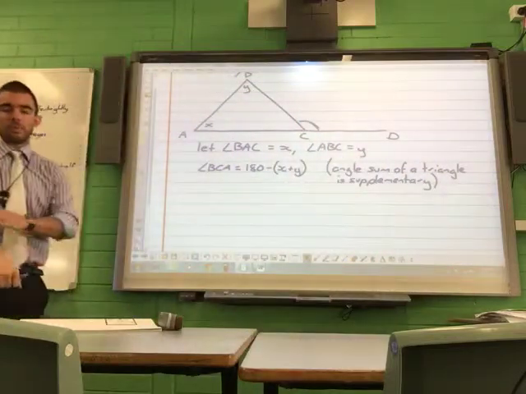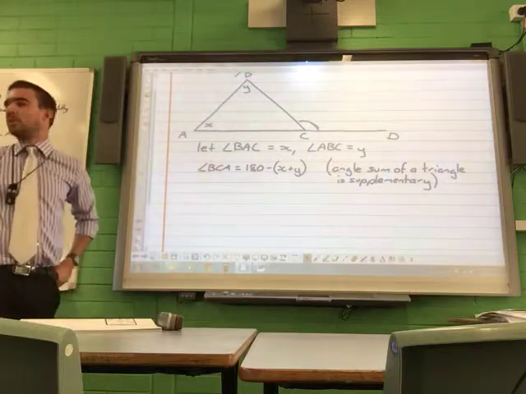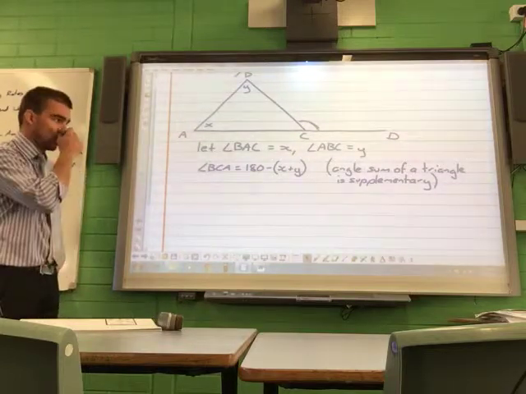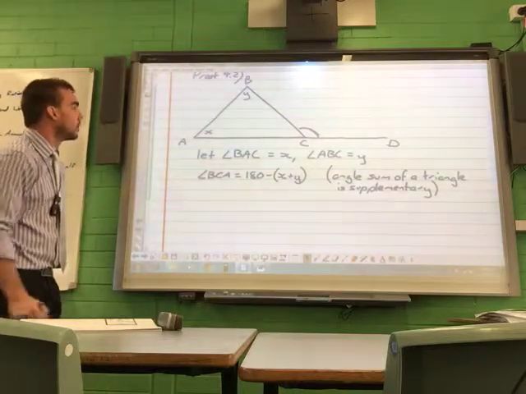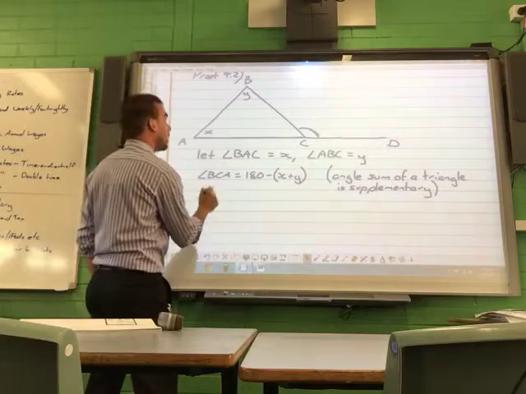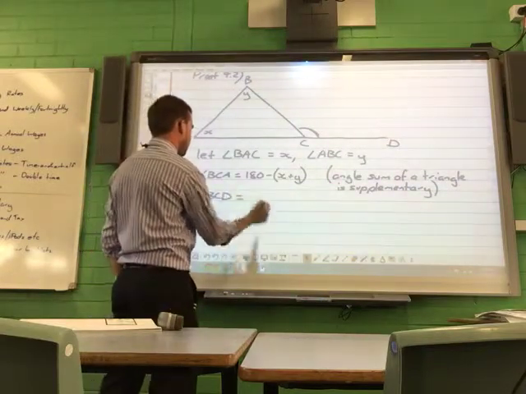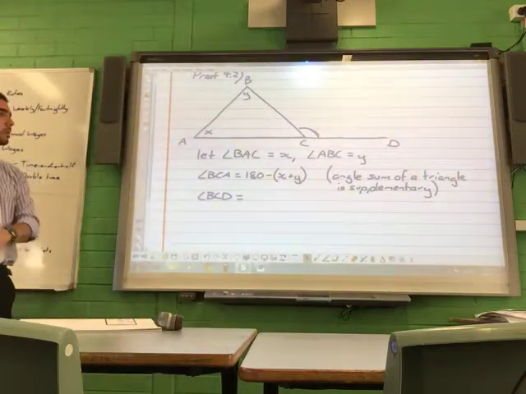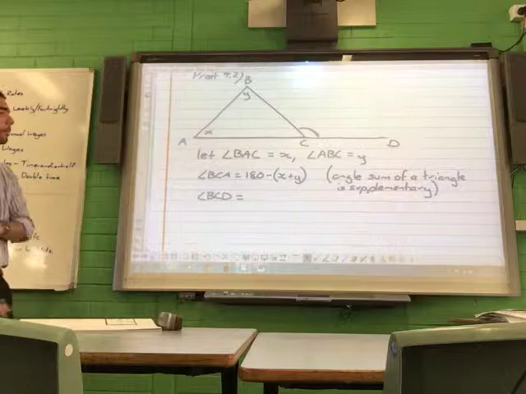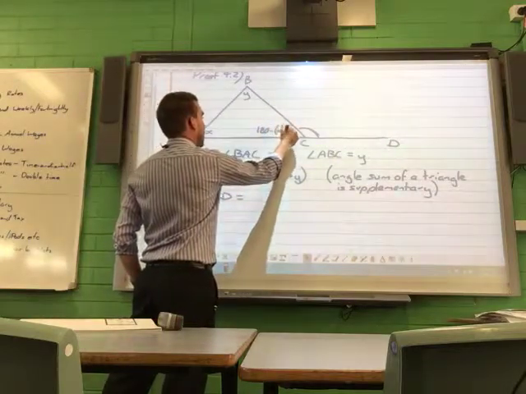Okay, the angle sum, so we've just covered that. Right, so angle BCD. What's an expression for me to write down the size of the angle there in terms of the variables in the diagram? So 180 take away x plus y.